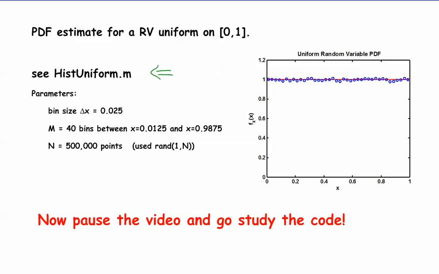It's got all the steps that I use to create the PDF over here. The red line is theory, and the blue circles are the estimate.